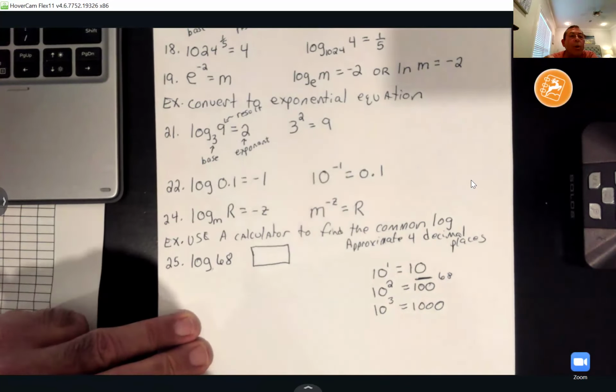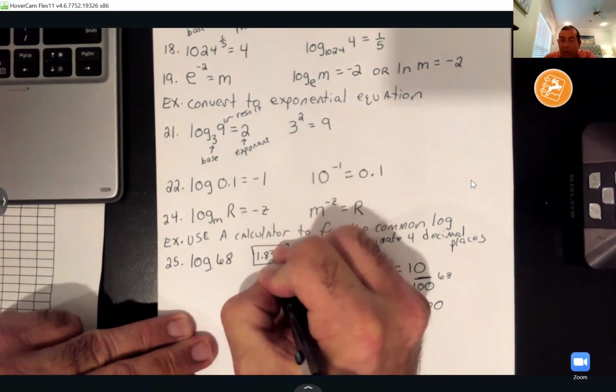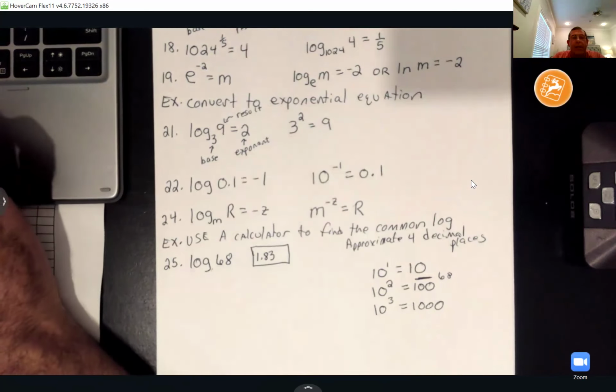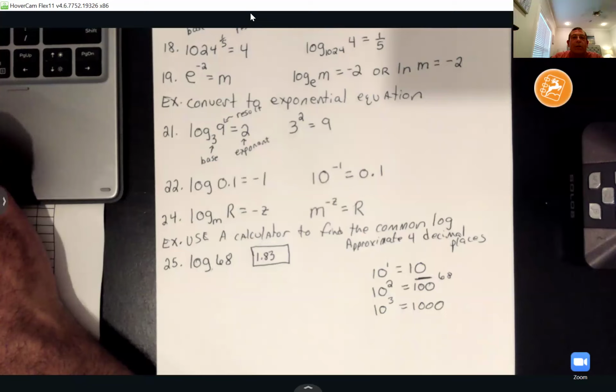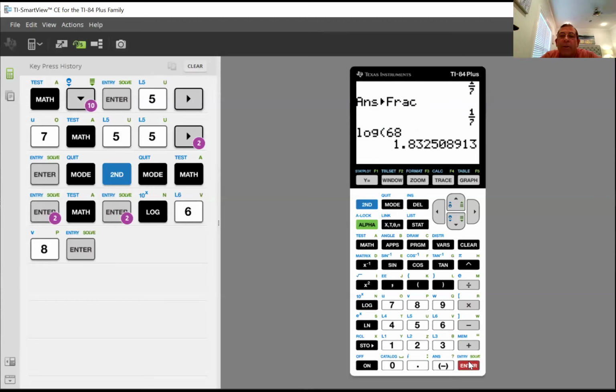So 1.83. Also, I was getting a little bit different on the last number. Let me punch it in real quick. So we did log of 68. So it must have been on the rounding.